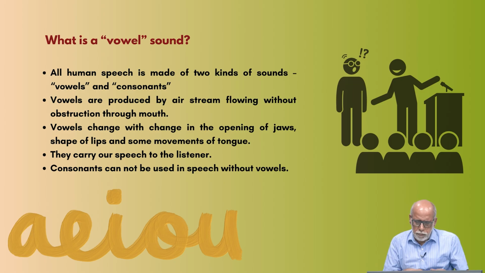Okay. So, by making changes in one of these three things, either in the opening of jaws or in the shape of lips or in some movements of tongue, we can bring all kinds of vowel sounds. Okay.